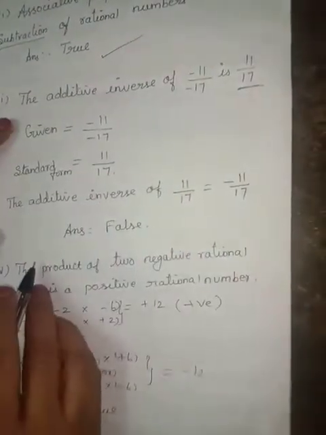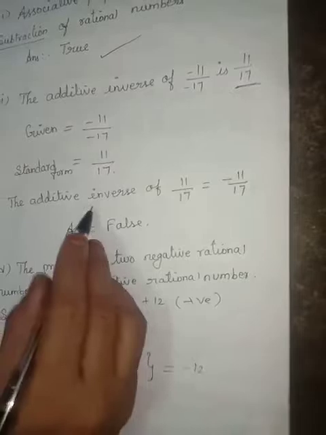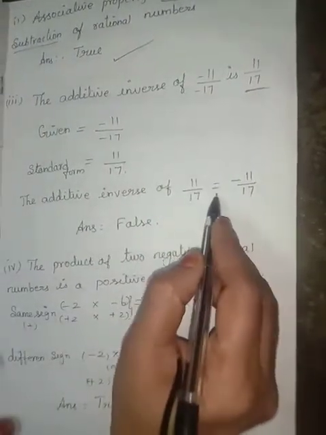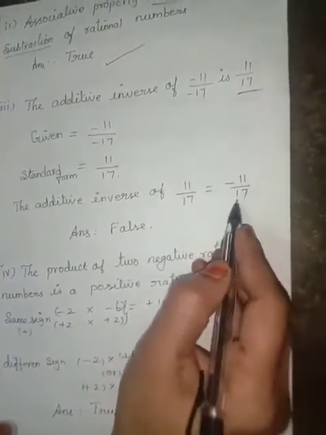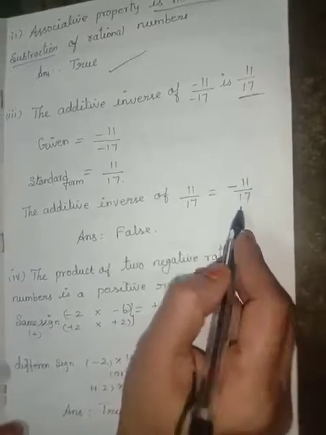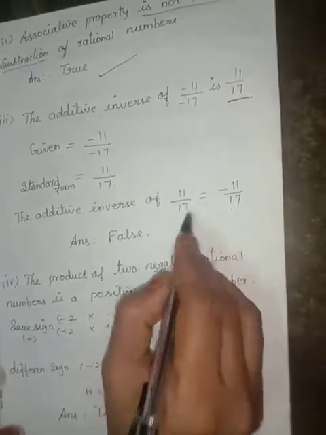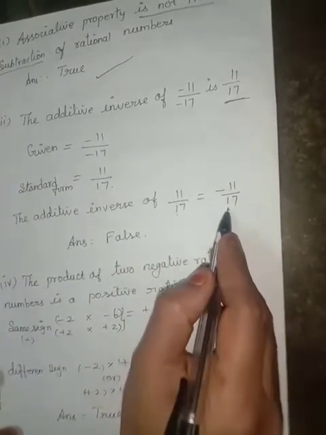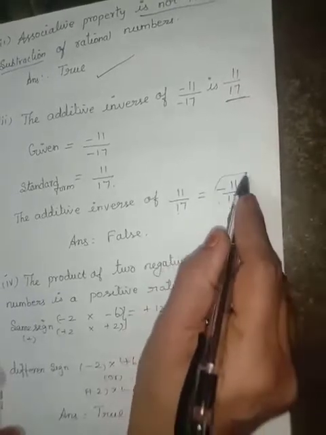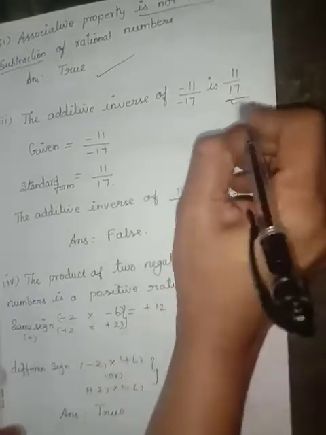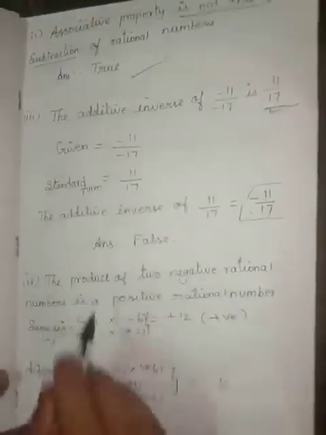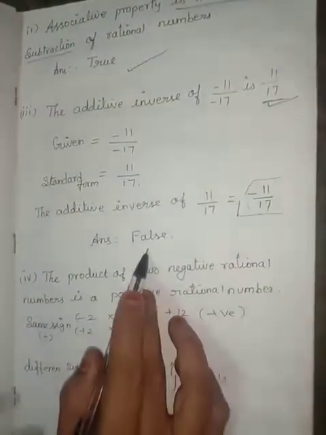Now we solve the given question. The additive inverse of 11 by 17 is equal to minus 11 by 17. So that is the correct answer, but they said plus 11 by 17. So the statement is false.